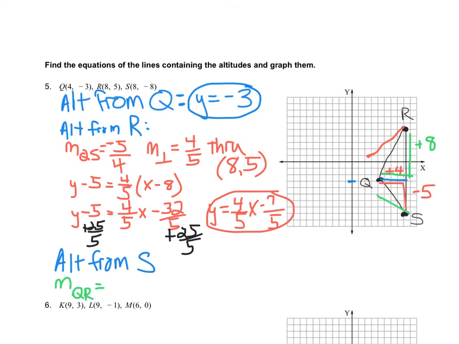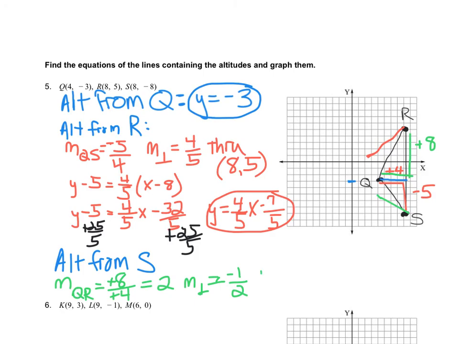That slope is a rise of positive 8 over positive 4, a run. So that slope is 2. And so the slope of the perpendicular is negative 1/2 when we think about the opposite reciprocal.